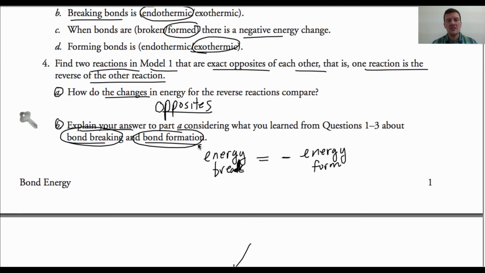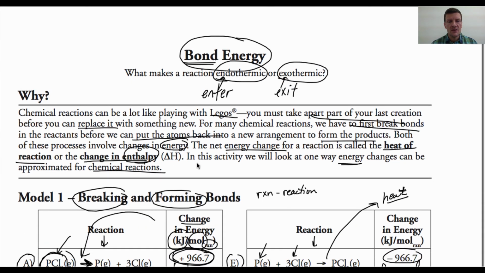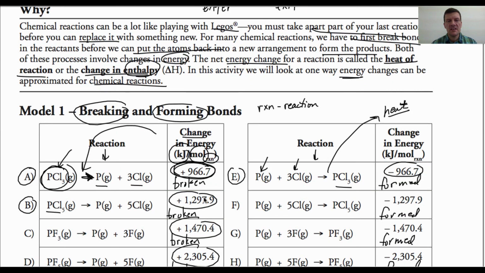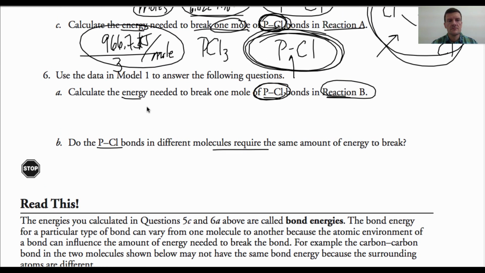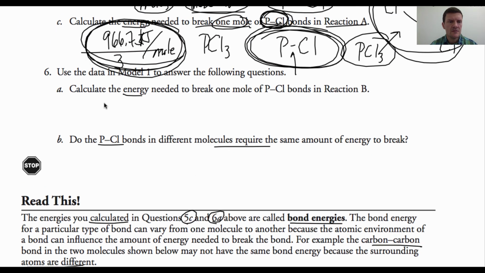So if you take this number, 1297.9, we had 1297.9 kilojoules per mole here, but remember this was for 5 bonds, so we have to divide this by 5.